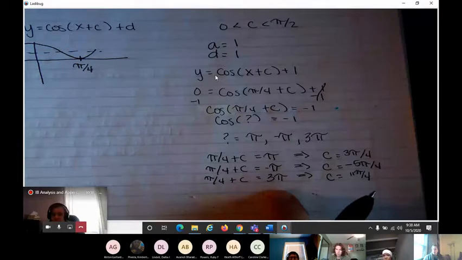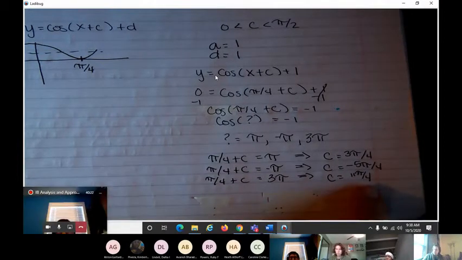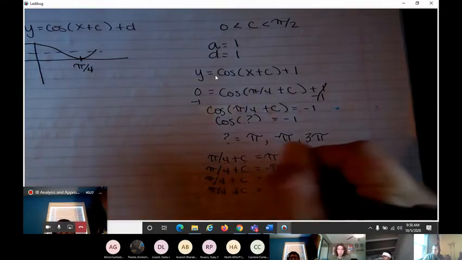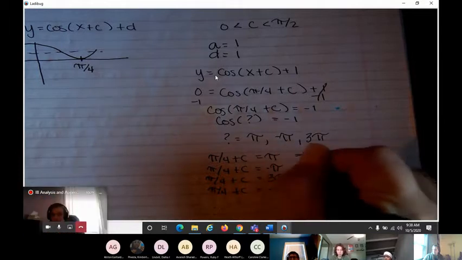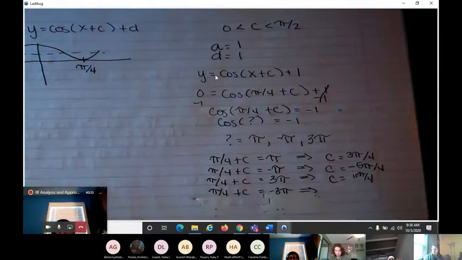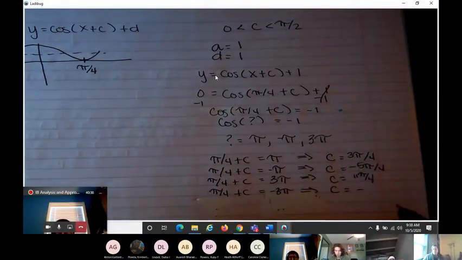I feel like we would just get, well, we can try it. Just see what happens. Okay, so if we're subtracting, because we're going to get a negative value, right? We get C equals -13 pi over 4.